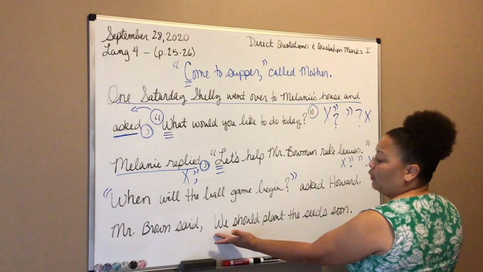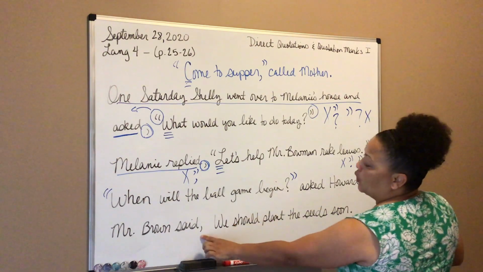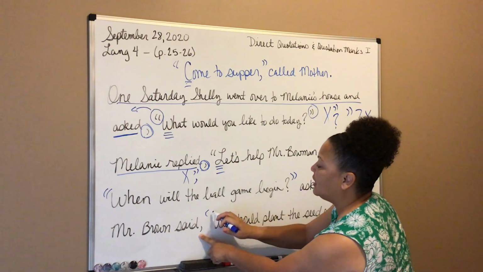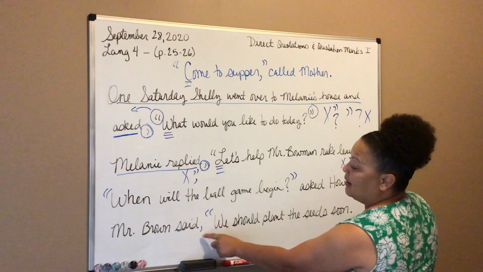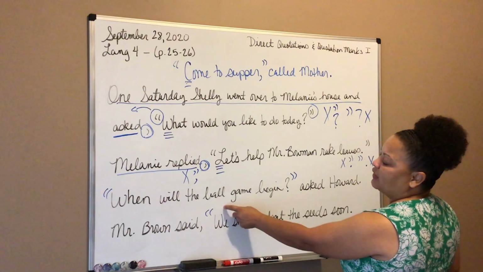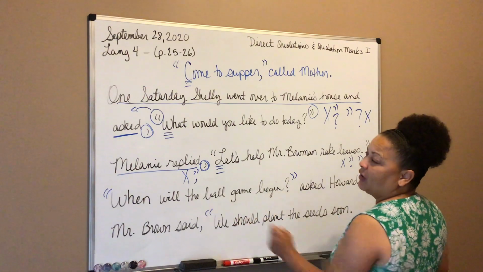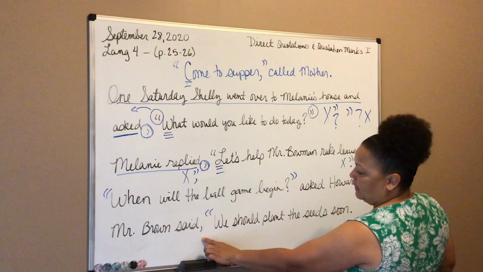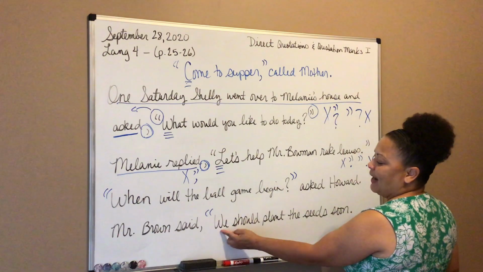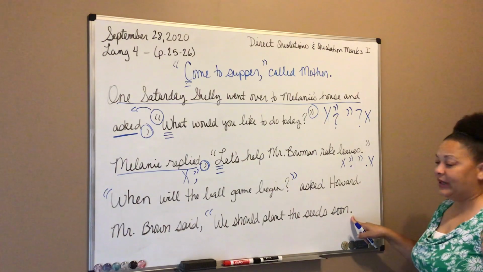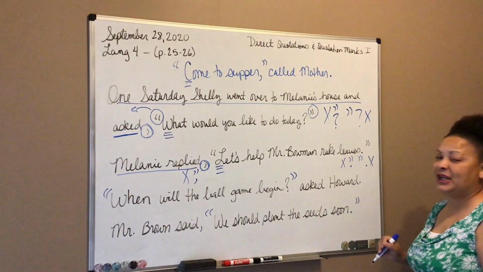This is exactly what Mr. Brown said. So we see that it's set off by a comma. We want to make sure that our open quotation comes after the comma but before the W. Not on top of the W, not on top of the comma, okay? Mr. Brown said, comma, then open quotation, capital W-E, should plant the seed soon, period, then close quotation.